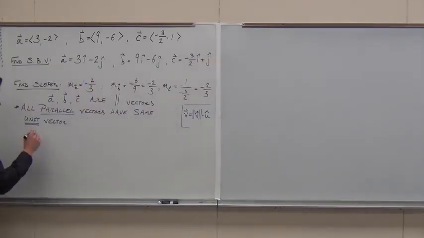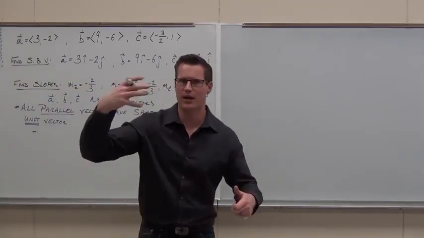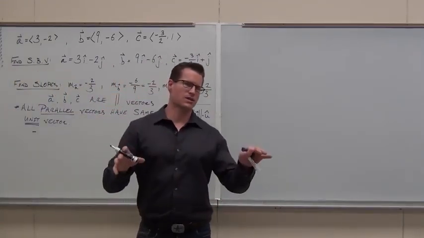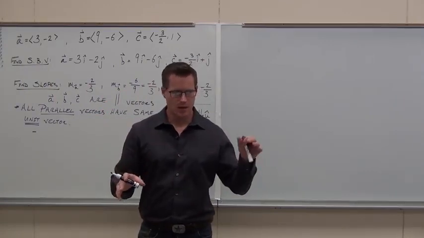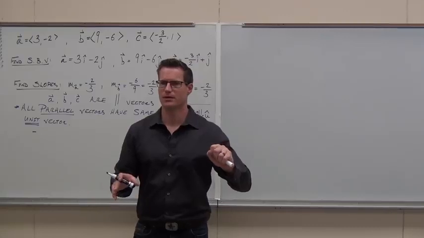Here's the little corollary. Write it down. I'm going to show you. It's really easy. Once we do an example, you're going to wrap your head around it. But here's a statement that I'm going to make. Vectors are parallel if they are scalar multiples.